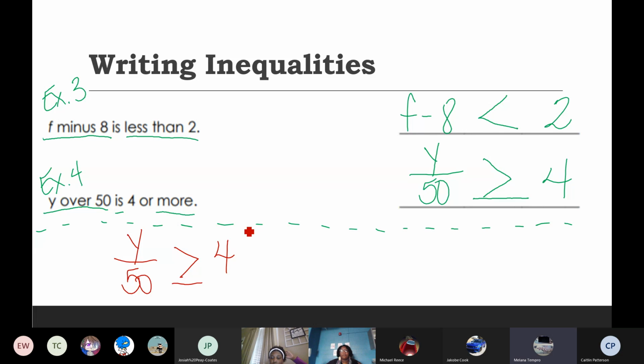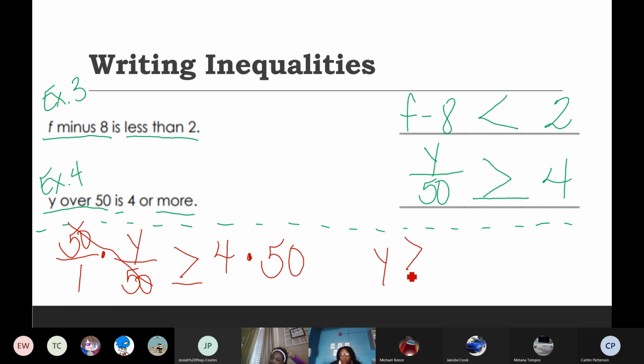Yeah, I've got to get it away from my 50. So if y is being divided by 50, I have to multiply it by 50. So if I do that, they're going to cancel out. Whatever I multiply by on the left side, I have to multiply by on my right side as well. So can someone use their calculators and let us know? Or you can just use the rule of 0. What is 4 times 50?